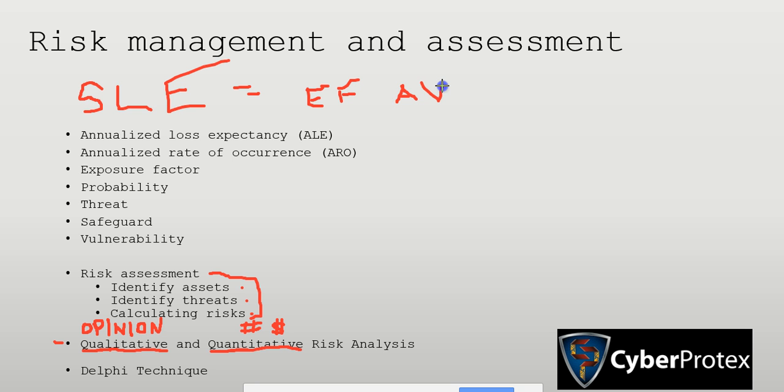So how much are the assets worth? Remember, we went through identifying the assets. And then what is their exposure? And then from that, you can get this monetary value of the SLE, the single loss expectancy.